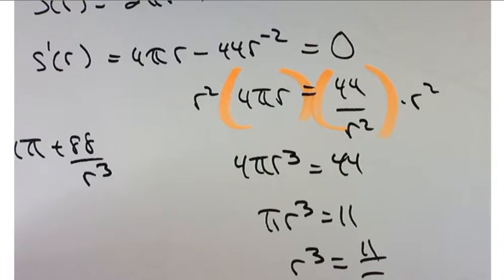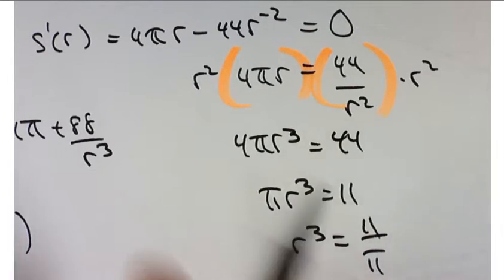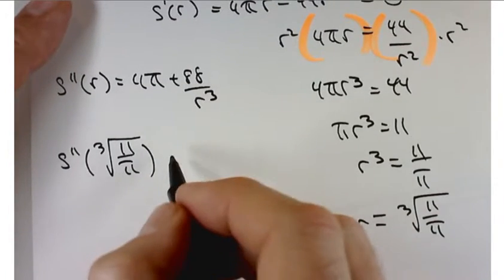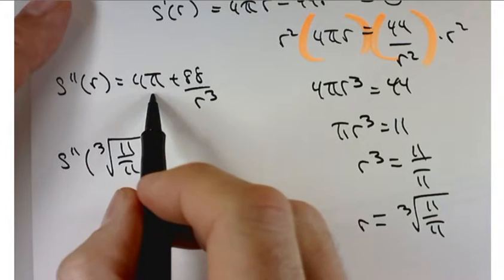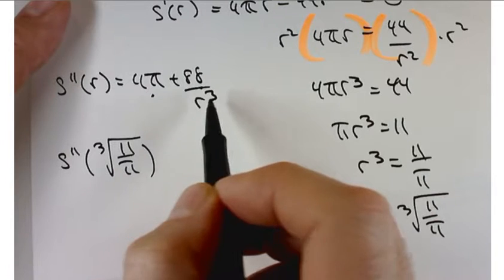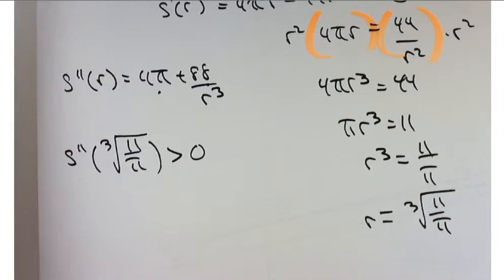If I put in this point, cube root of 11 over pi, what's the sign of the second derivative going to be? That's positive, 88 is positive, r cubed is going to be positive. This has to be greater than 0.